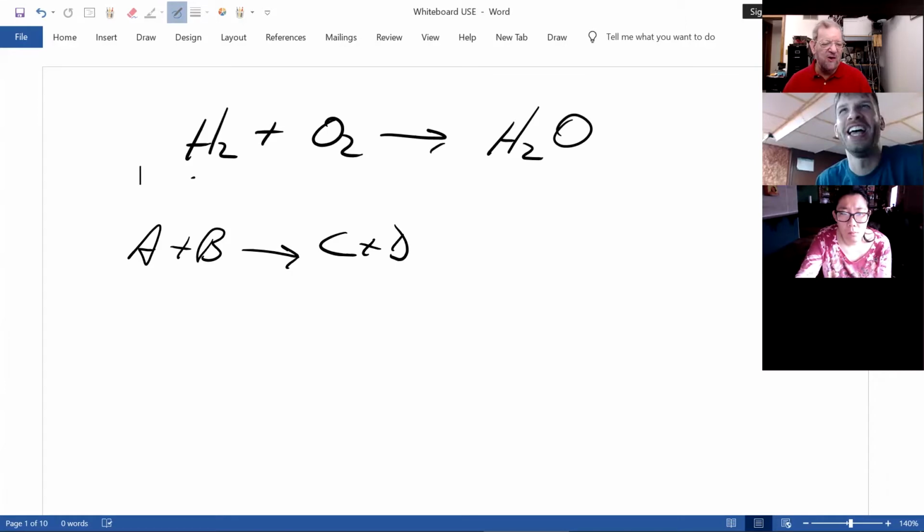This is a chemical equation. This tells you that A plus B makes C and D. At the base of the arrow are the reactants, which I'm more likely to call starting materials.